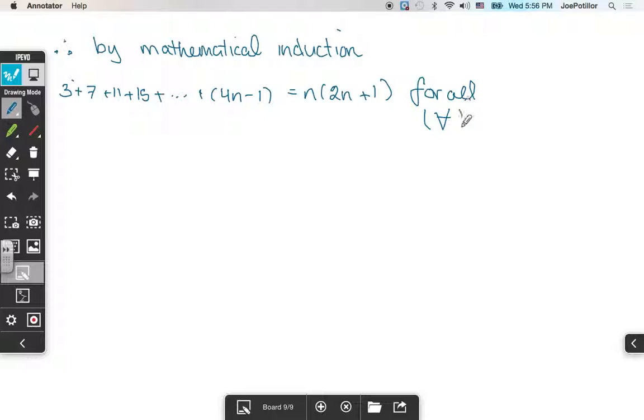That symbol, by the way, is an upside down A, for all n greater than or equal to 1.